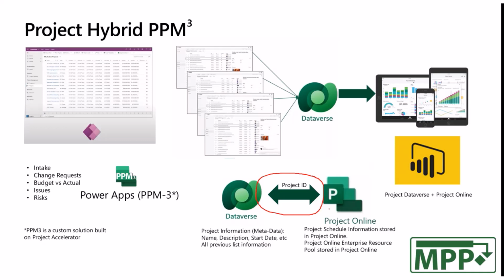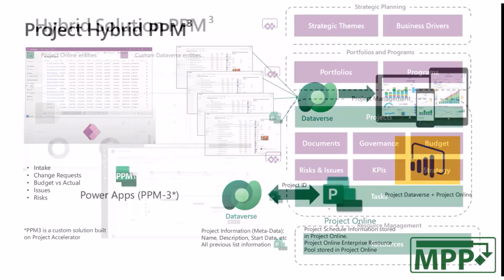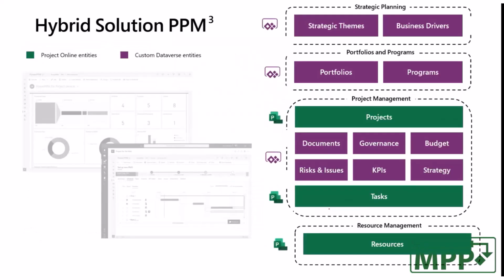So this hybrid approach has allowed us to really take advantage of both of these areas. This is a nice illustration of what we're talking about as it relates to portfolios and programs that you're seeing here at the top. All the portfolio strategic information at the very top is stored in the Power Platform, or Dataverse, however you want to refer to that.